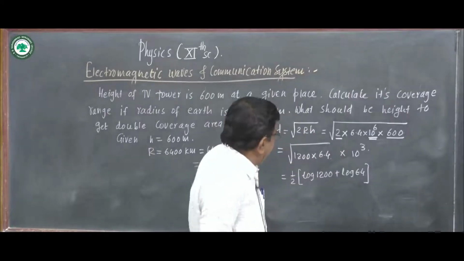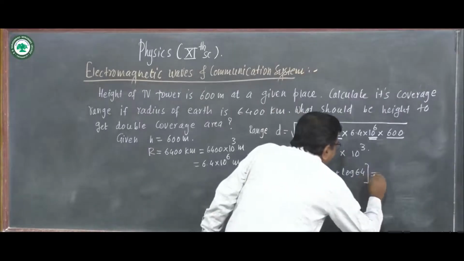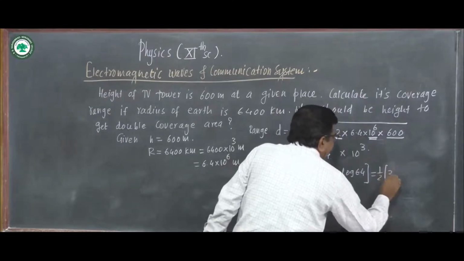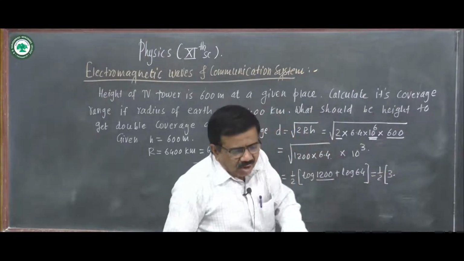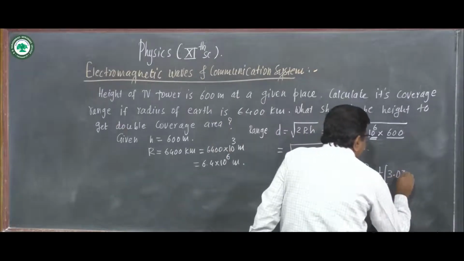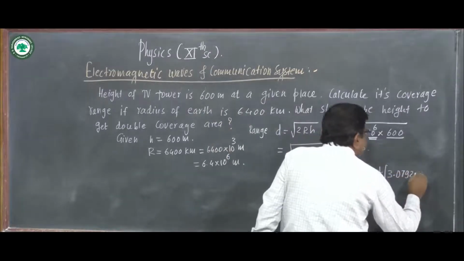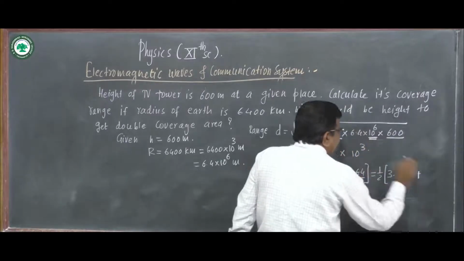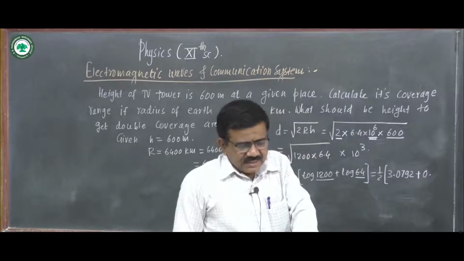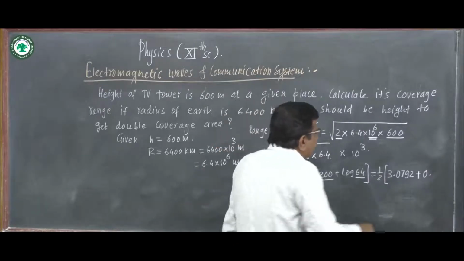Log 1200 is, see here, 1/2 of, characteristic is 3, 3 point, that log is 0792. Plus, characteristic is here 0. Log of 6.4 is 0.8062.